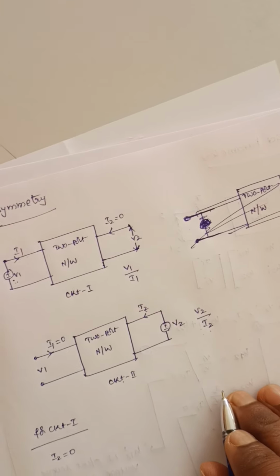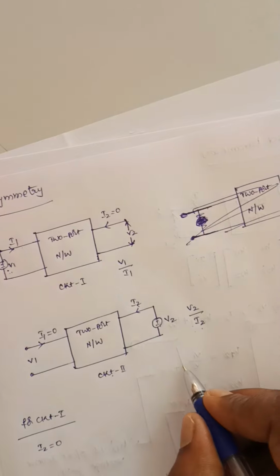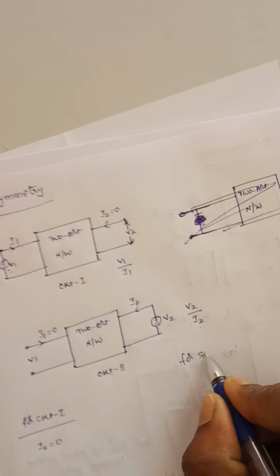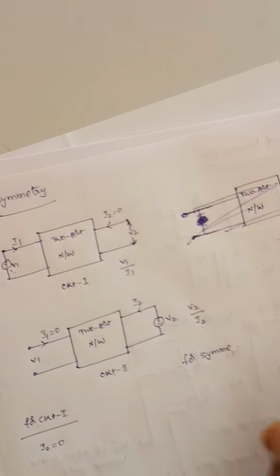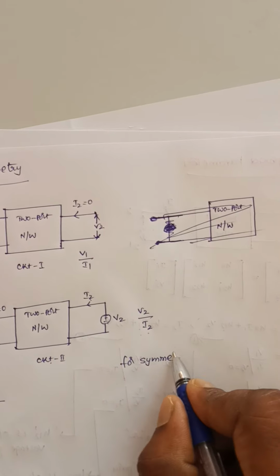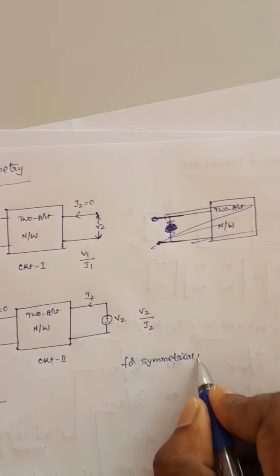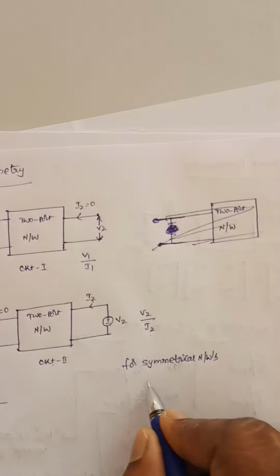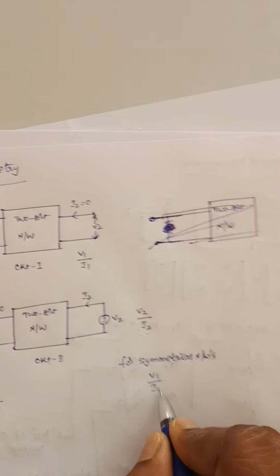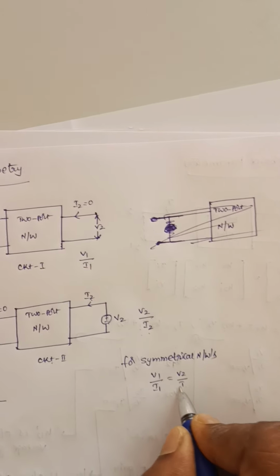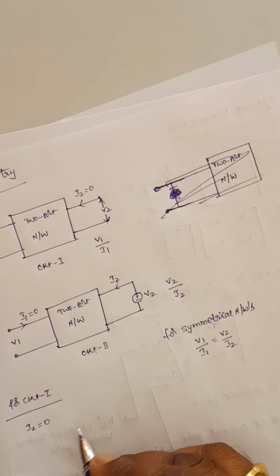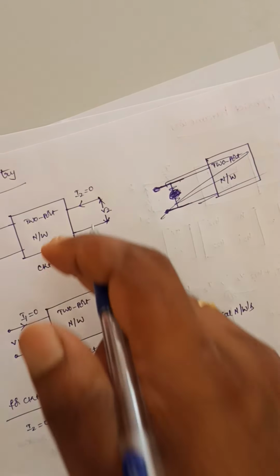According to the condition for symmetricity, for symmetrical networks, V1 by I1 should be equal to V2 by I2.